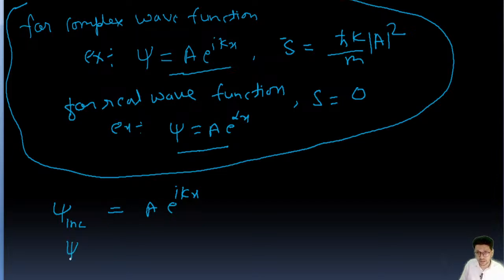And the reflection wave function is B e to the power minus iota kx, and psi transmission, which we have studied, is D e to the power minus alpha x.